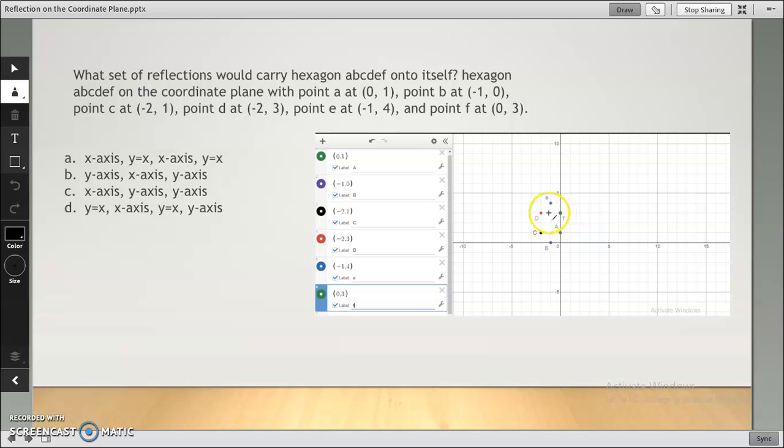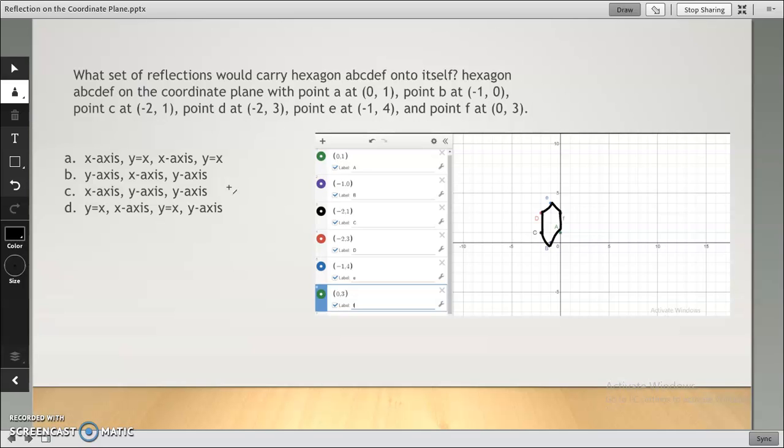I didn't connect the lines, but let's say I did. This is what it looks like, and I want to do these reflections such that they come right back onto each other.